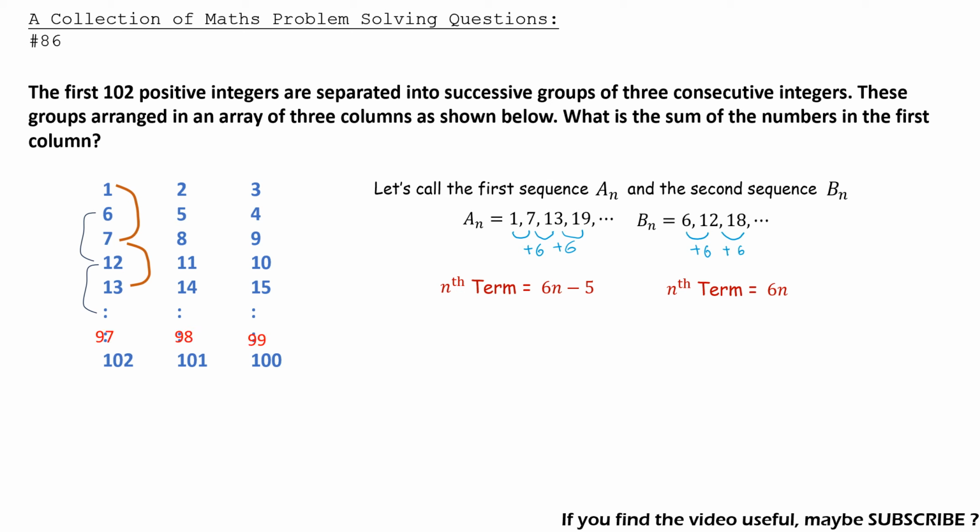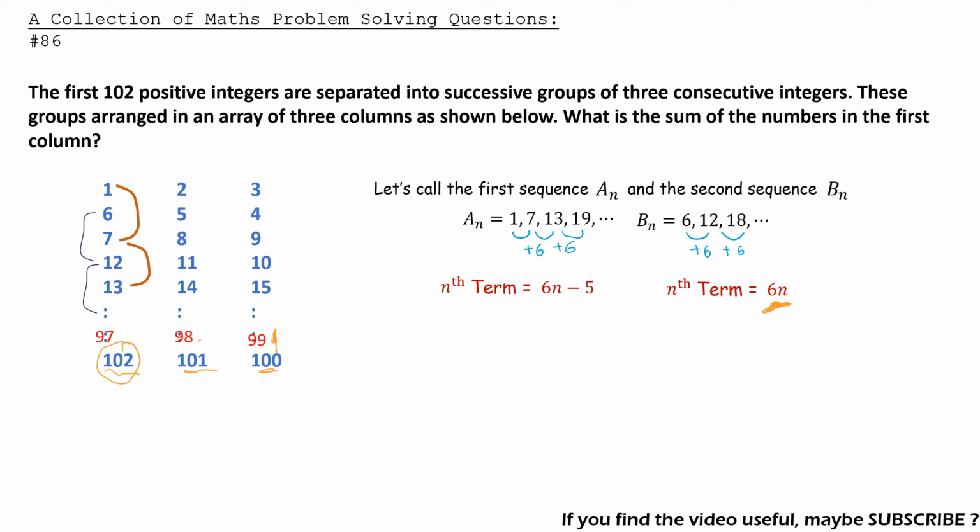We're now going to work out the last term of each sequence. If you look at the numbers again, say 102, then the number prior to that is 99, and then 98, and then 97. Obviously, 6n is a multiple of 6, and 97 is not a multiple of 6, but 102 is.